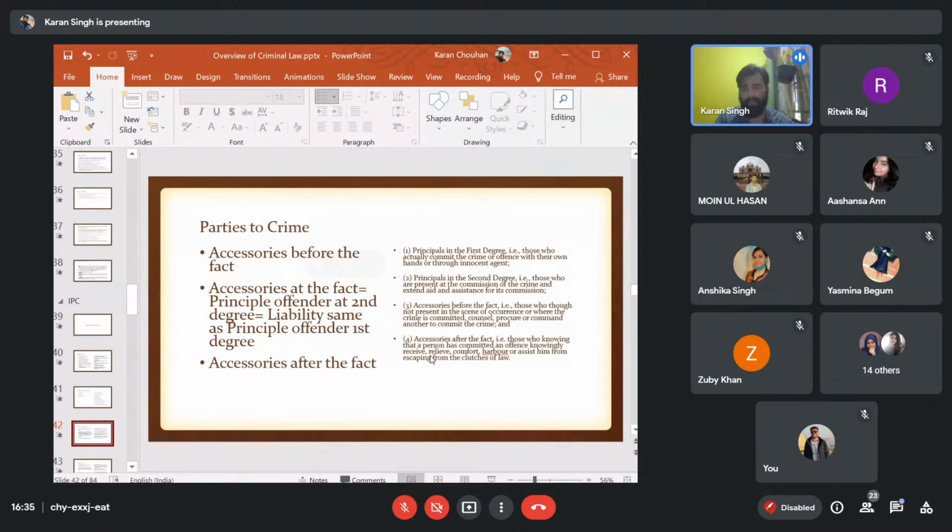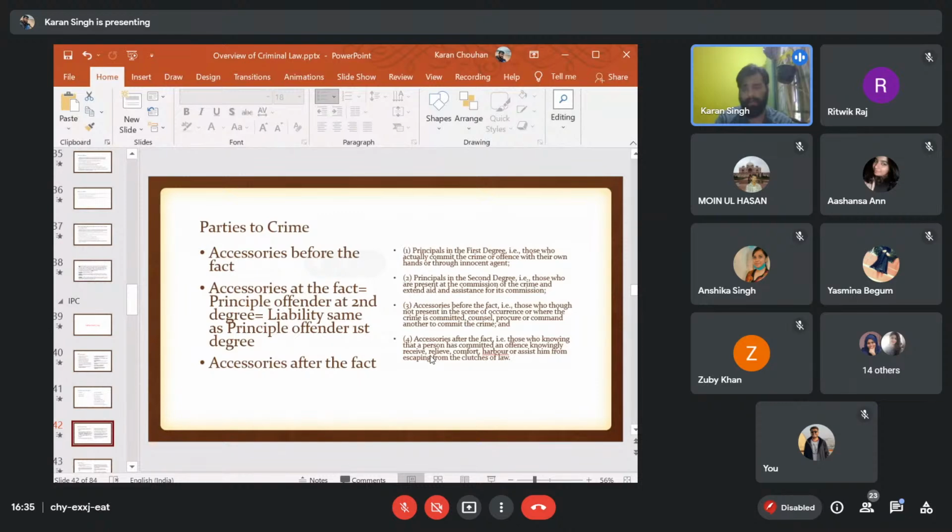If any criminal act is done in furtherance of a common intention, then all the people will be liable, even though a person did not do the act physically on his own. If the common intention is there, then that person will also be held liable, similarly to the person who actually did the crime.